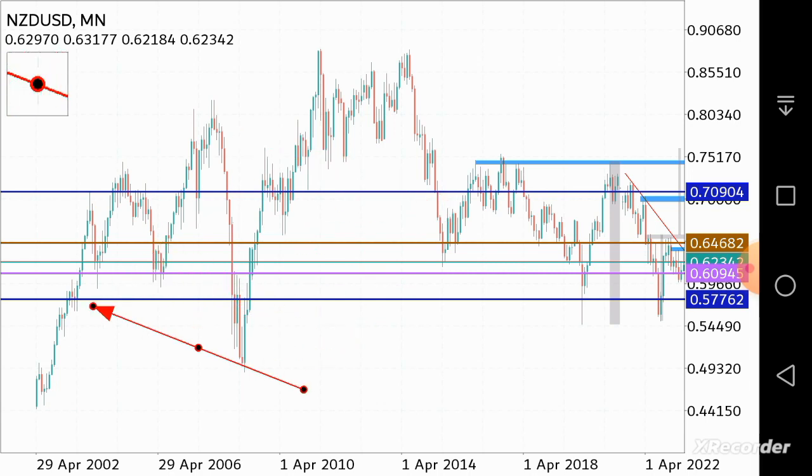So we saw price coming all the way from down here to up here, down here, grabbing liquidity at this zone, going up. So we had a break of structure, meaning we have an uptrend.